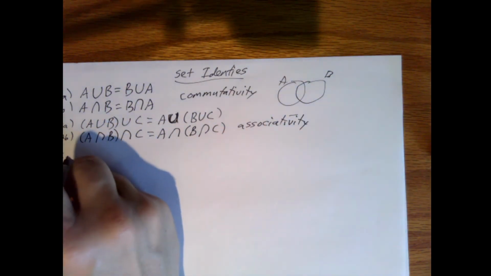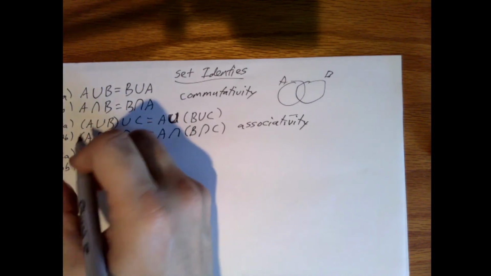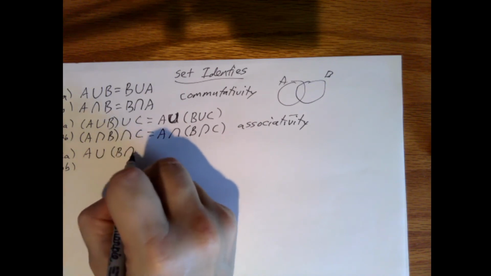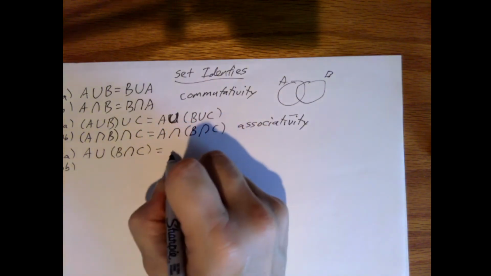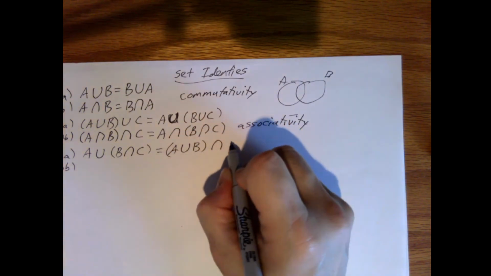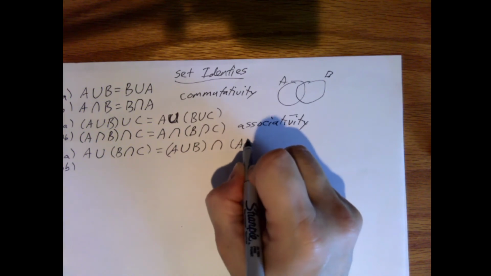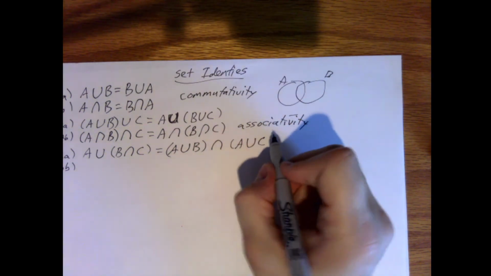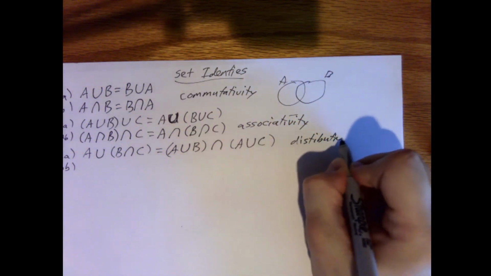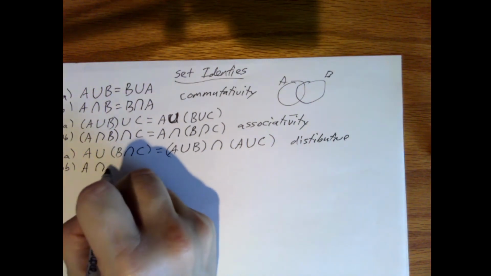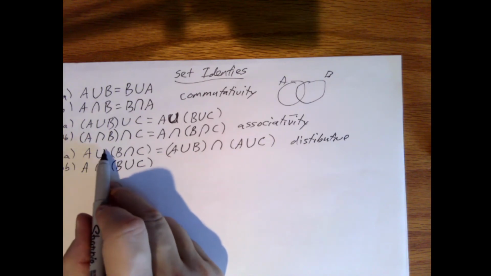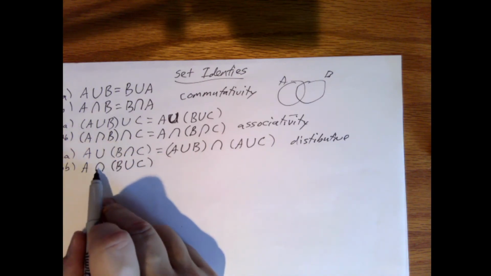We have a distributive property. And notice here, if I'm using union here, then this would be intersection. If I'm using intersection here, this would be union.